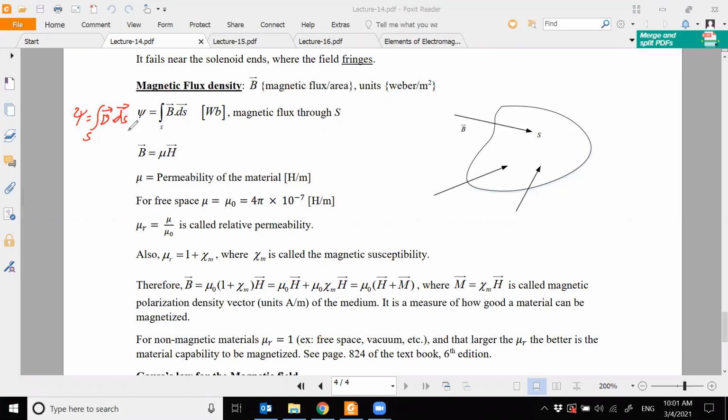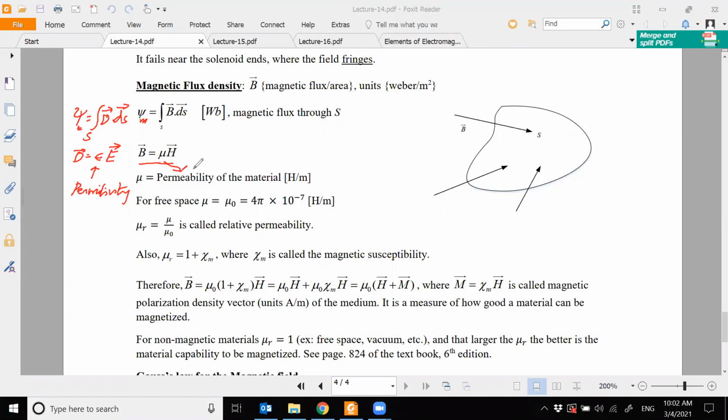In order to identify them, sometimes people use psi m and psi e. The magnetic flux density is B equals mu H, and the electric flux density is D bar equals epsilon E bar. Epsilon is the permittivity, and mu is called the permeability of the material.